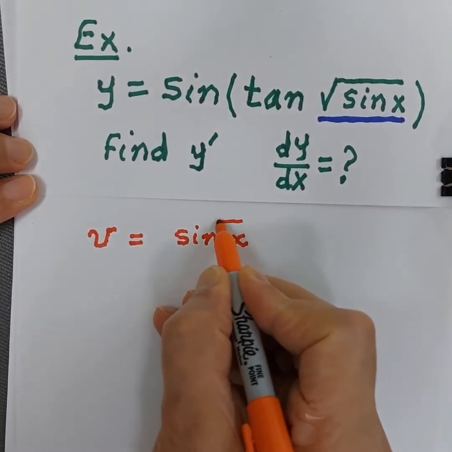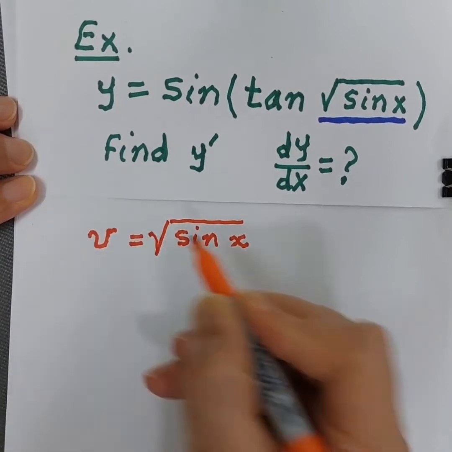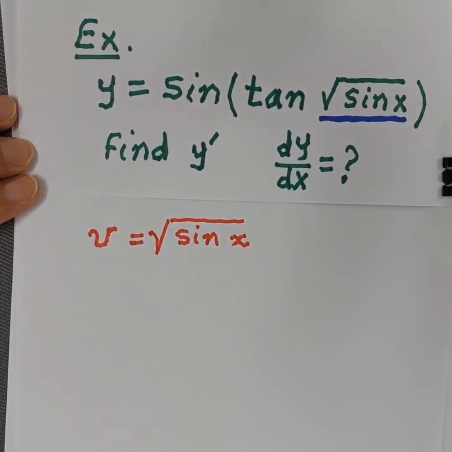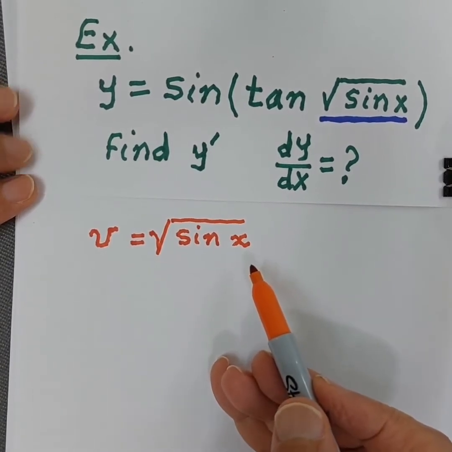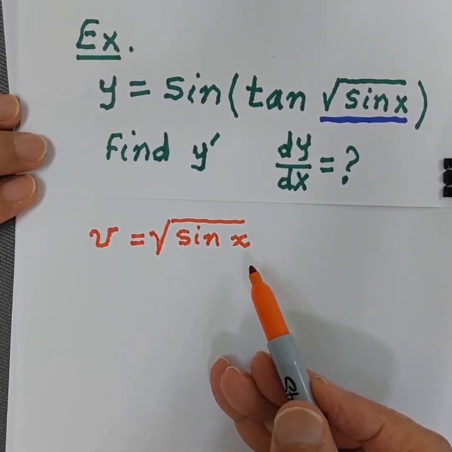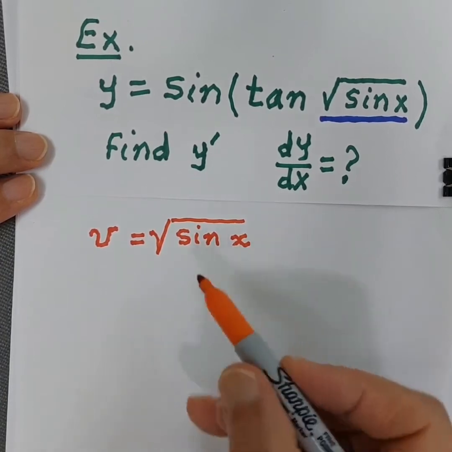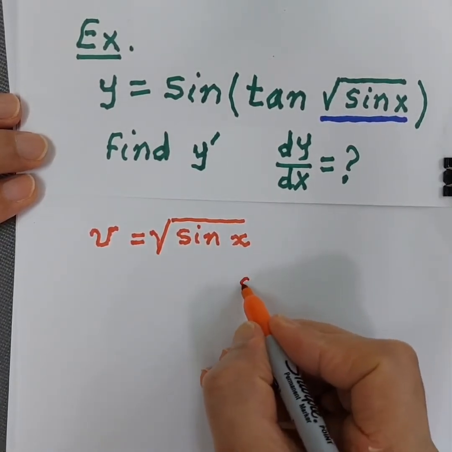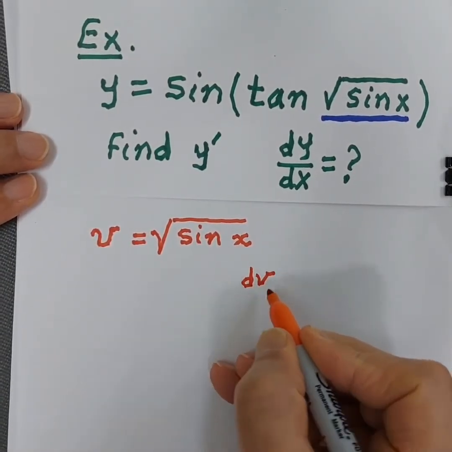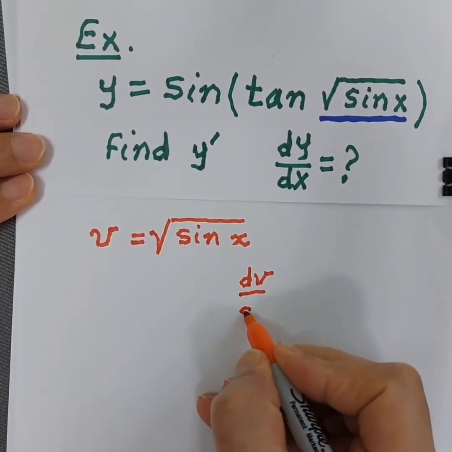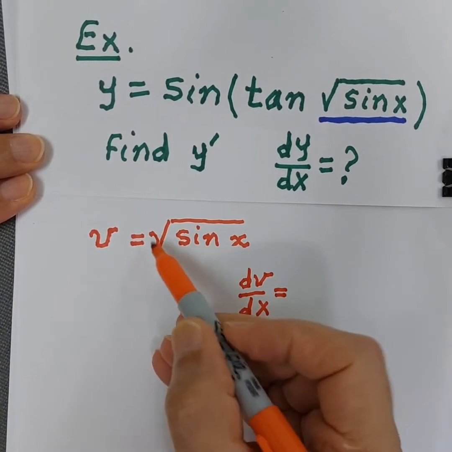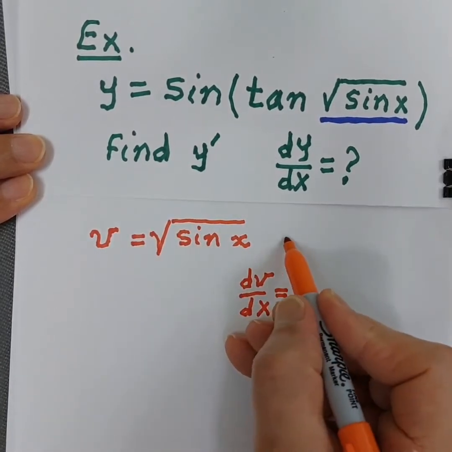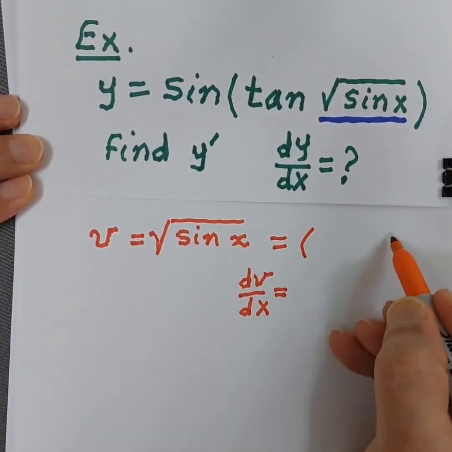A function like this, we can find its derivative easily. We can say here dv by dx is equal to, consider this as a power, it will be power half.